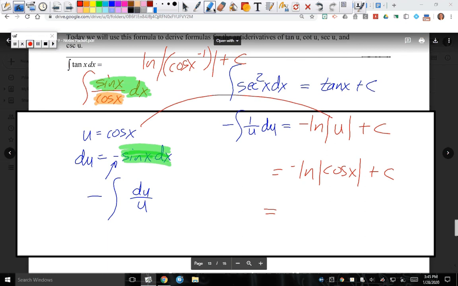So you could bring, by the law of logs that you refreshed today, that inside as the power. This is the reciprocal. This isn't arc cosine. It is not arc cosine. It's the 1 over cosine, which is secant.